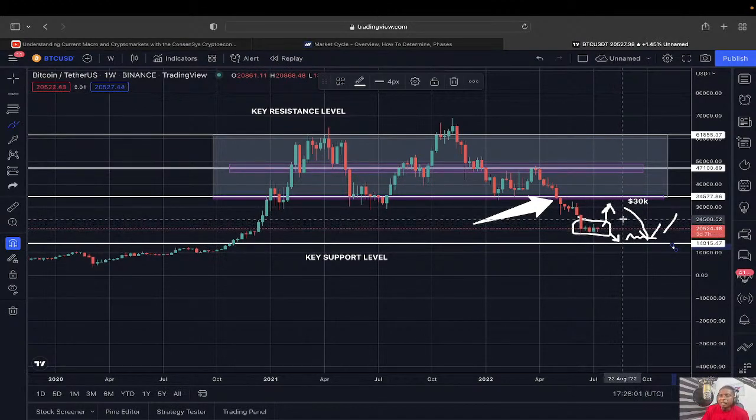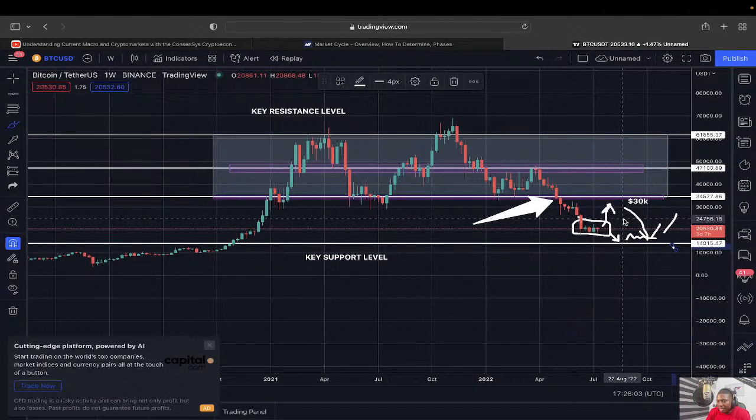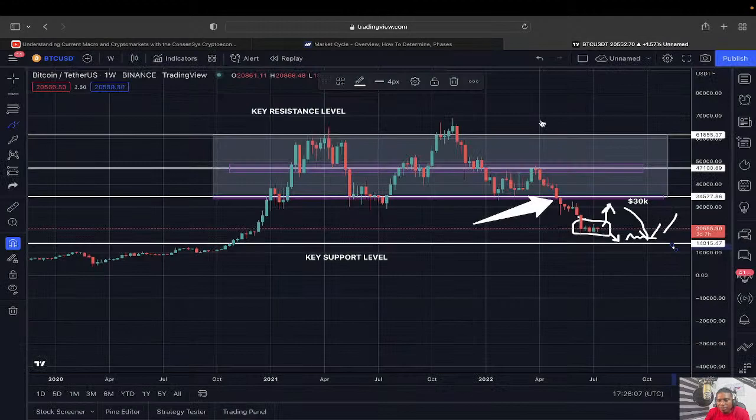However, the best time to short this market is when a pullback is observed. When a pullback occurs at this region or at this region, then you can short the market. Because why we are doing this is we are trading to look out for market opportunities, not to jump on every trade.